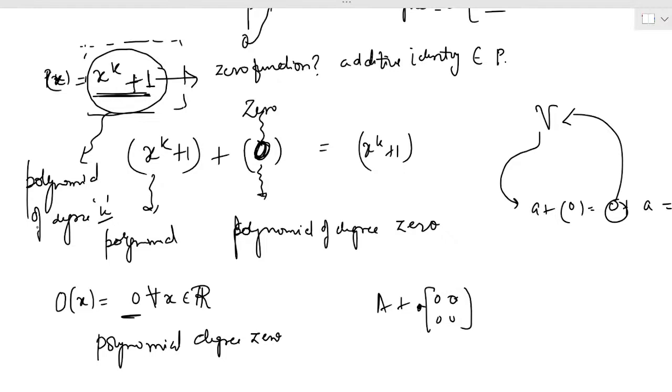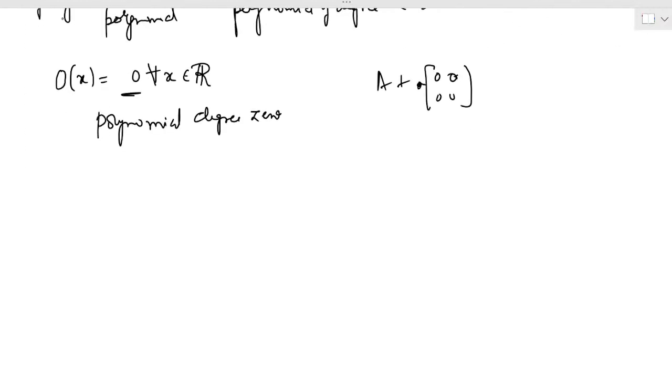If I had written less than or equal to k, then all the polynomials of lesser degree would come, and in that set you would have a zero polynomial also. But when I'm specifying that it is equal to k, then things won't work. Is that clear or not?